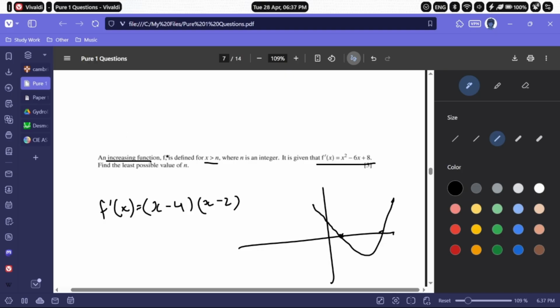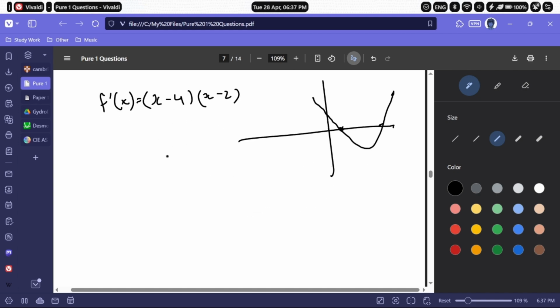Now, you have to relate this back to what I was talking about. When f prime of x is equal to 0, that's when you have some sort of turning point.